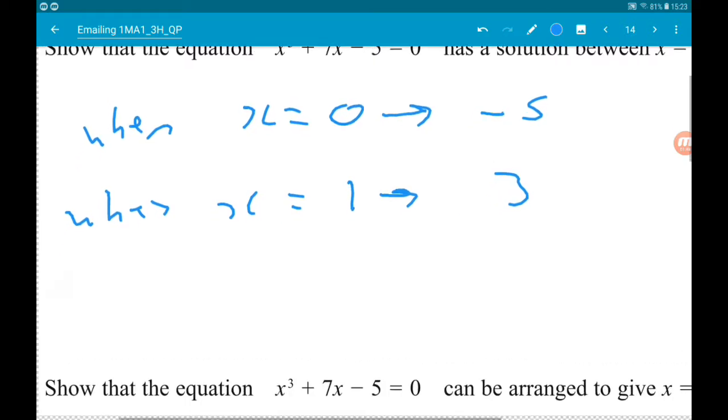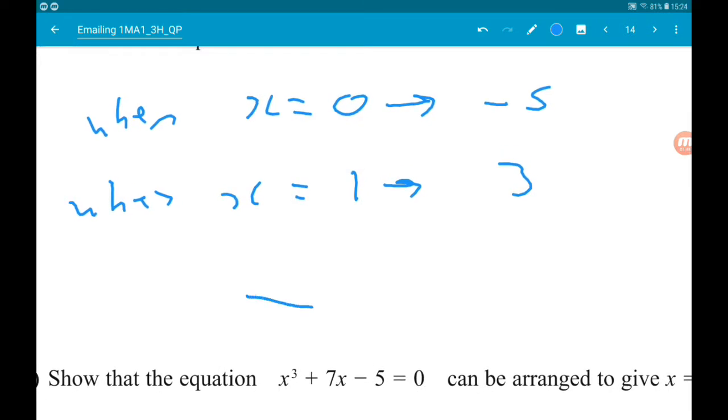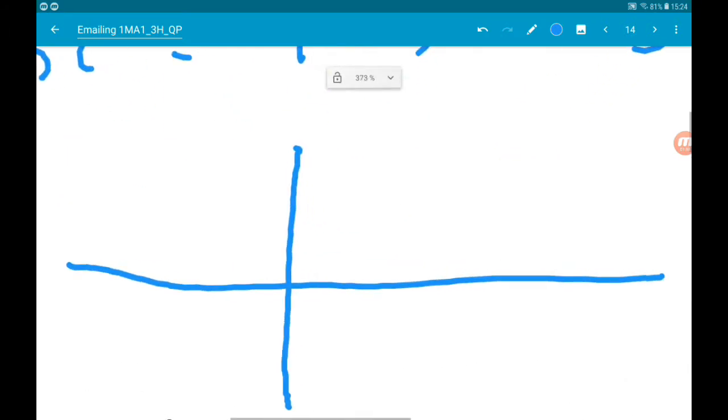if we imagine we were just zoomed right in on the graph, then x equals 0 is here. Let's say x equals 1 is there.